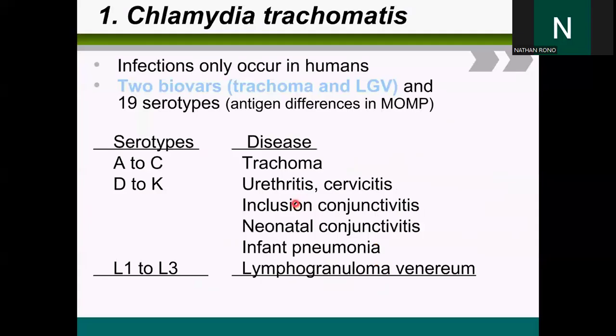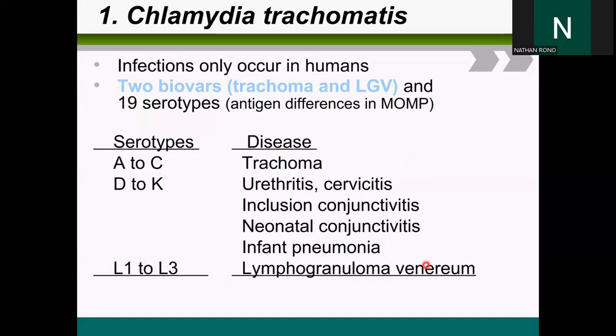Then serotype D to K. D to K causes urethritis, cervicitis, inclusion conjunctivitis, neonatal conjunctivitis, infant pneumonia. So let me start with L1 to L3 before I do D to K. L1 to L3 causes something known as lymphogranuloma venereum.